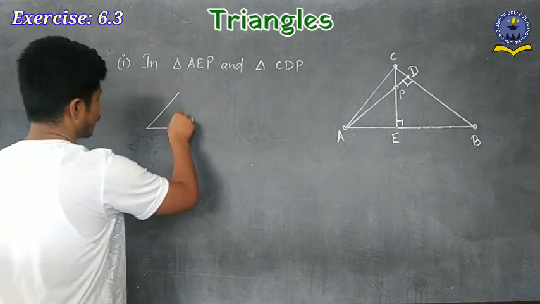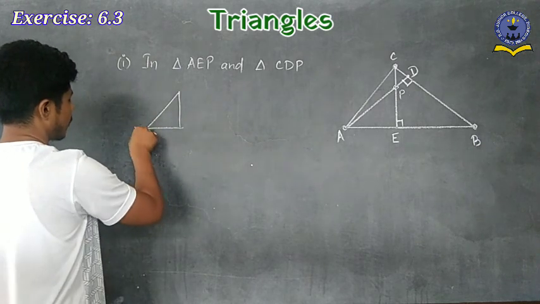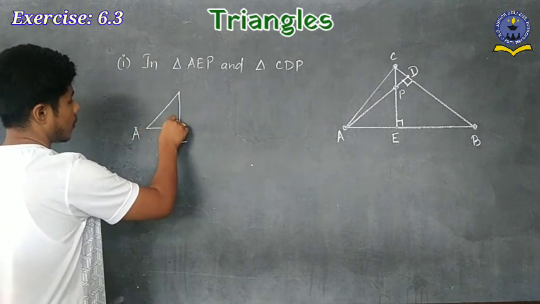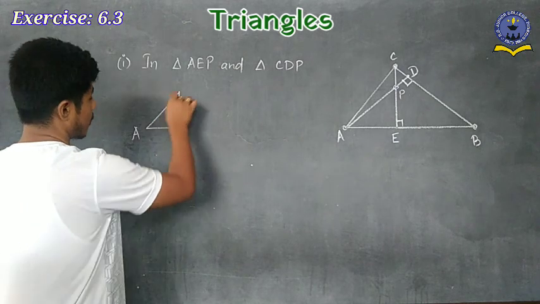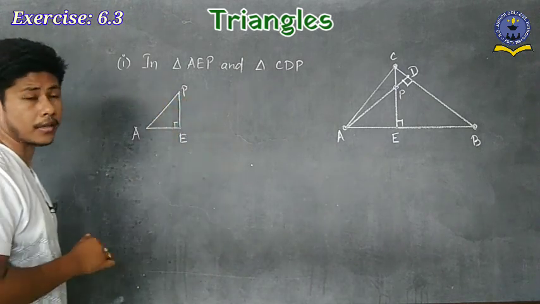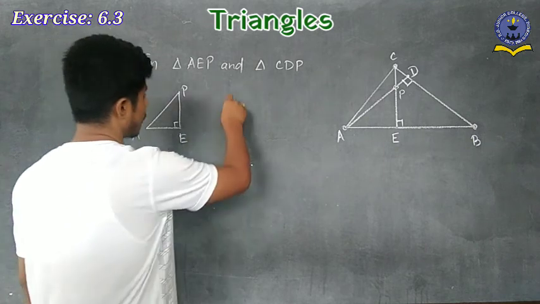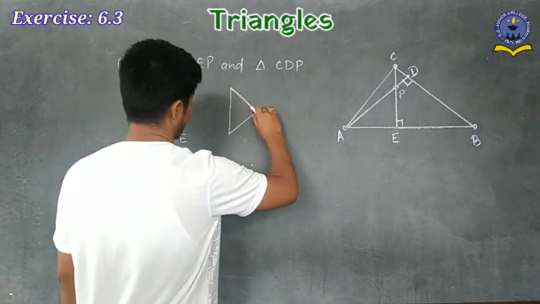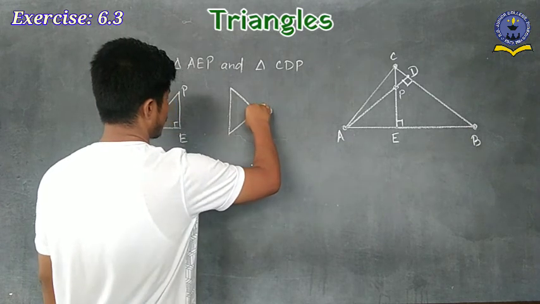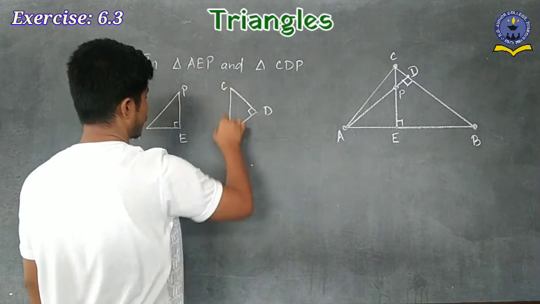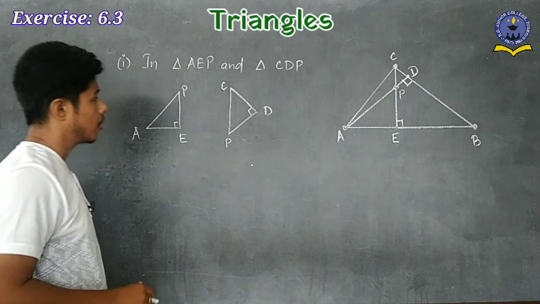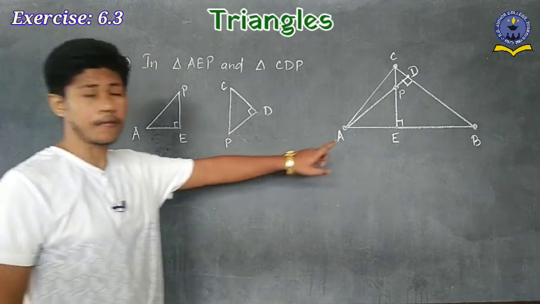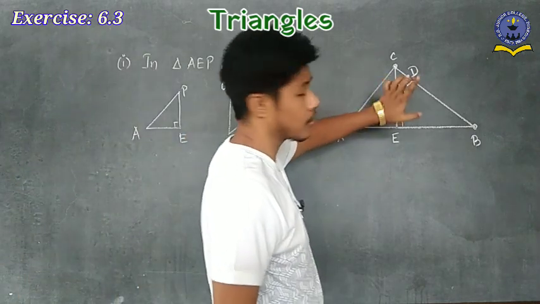So if we draw AEP, this one is A, E with angle 90 degrees, and P. Is it clear? And for the other one, this is D, it is 90 degrees, here it is C, and this one is P. So these two triangles are given here.